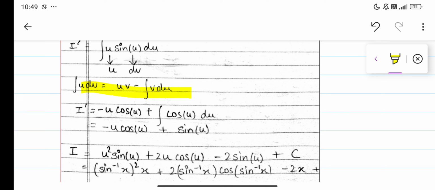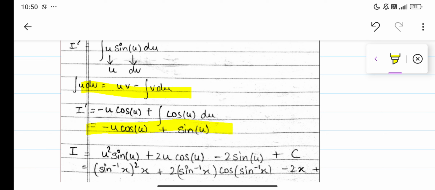Since it was minus v du, minus minus gets plus, and I am left with cos u because the derivative of u is 1 with respect to u, right? So the integral of cos u du is sine u, so I am getting minus u cos u plus sine u for I prime or I dash, right?